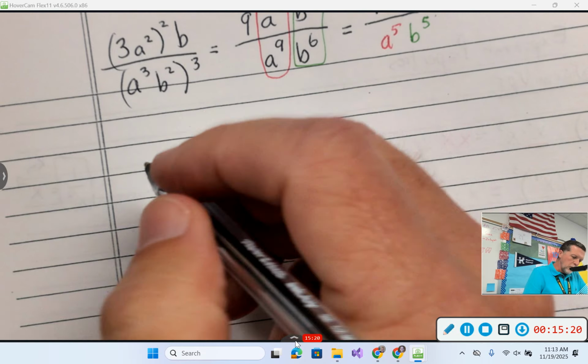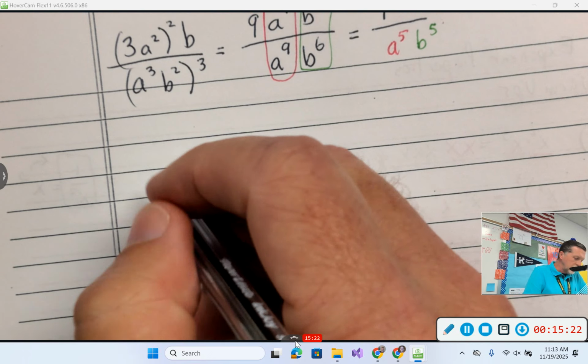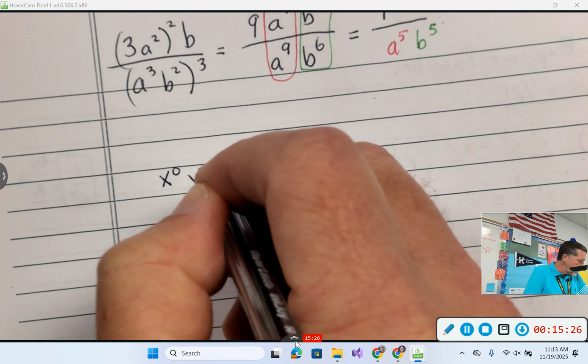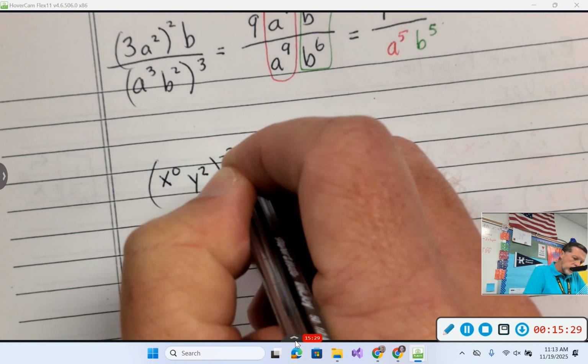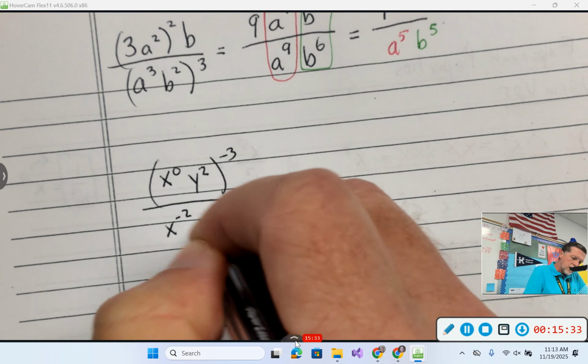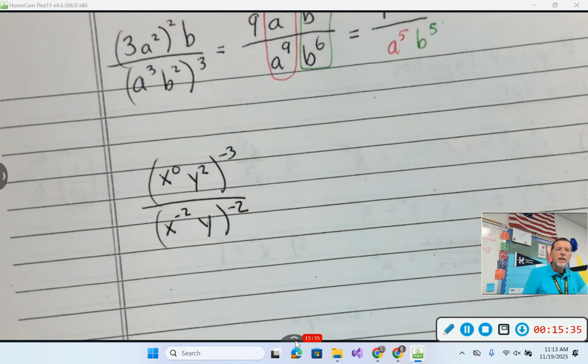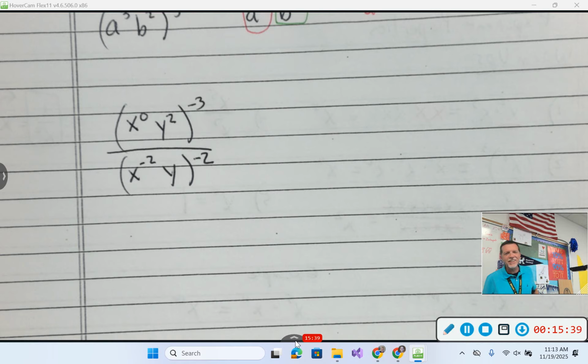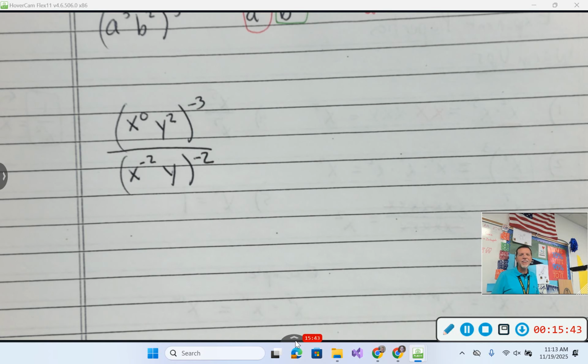Let's try one more crazy one, and then we'll talk about the worksheet. X to the 0, y squared, all to the negative 3. Times x to the negative 2, y, all to the negative 2.